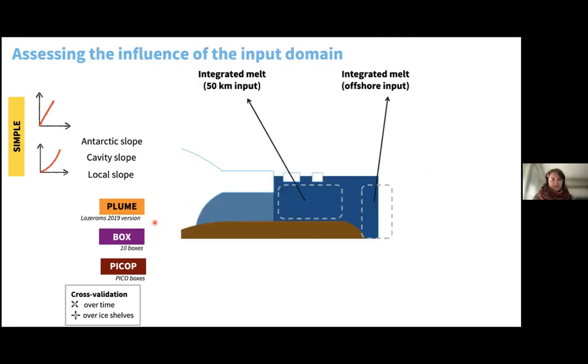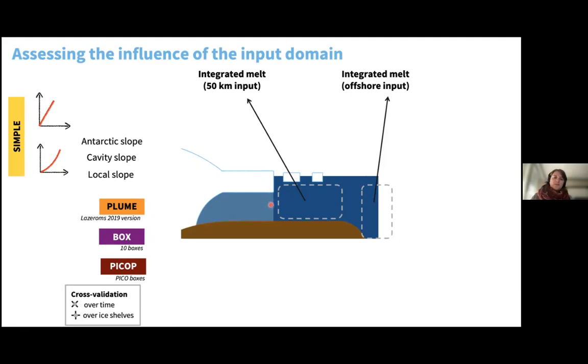Okay, so that was which parameterizations we looked at, and then these are the metrics we start looking at. In the first step, we want to assess the influence of the input domain over which temperature and salinity were averaged that we give as input to the melt parameterization.